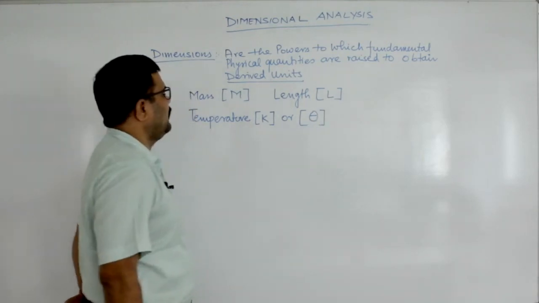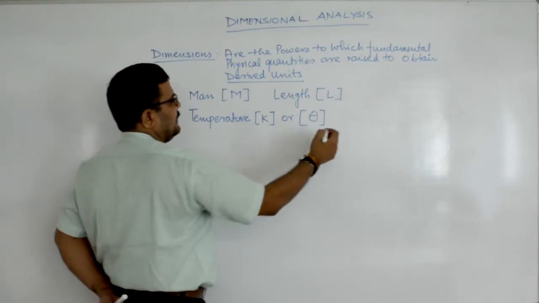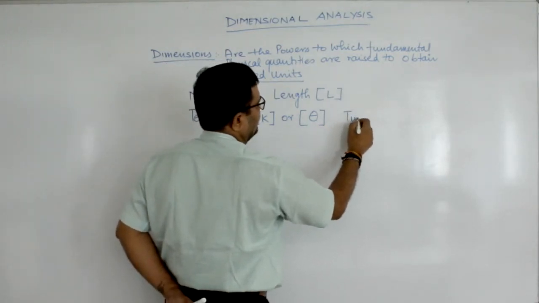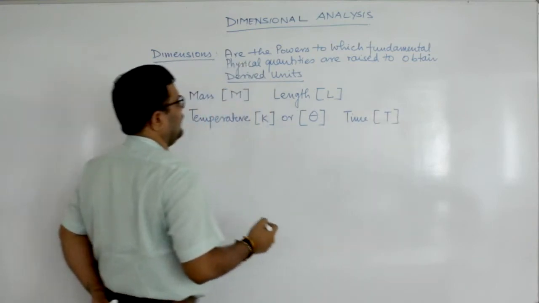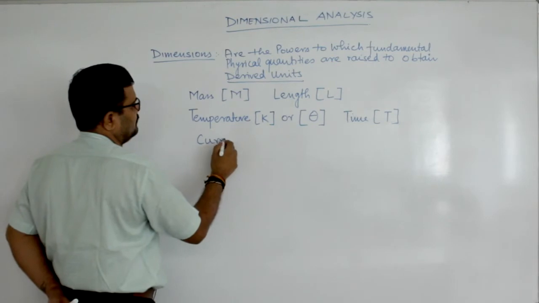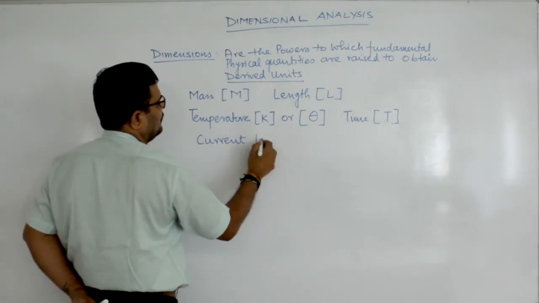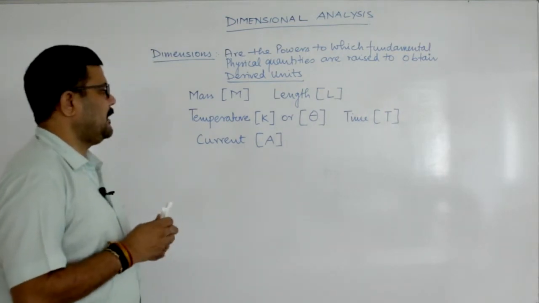This is the denotation for temperature in dimensional analysis. Then there is time. For time we will use capital T, and the last one is current. For current we will use its SI unit, that is ampere, and denotation will be capital A.